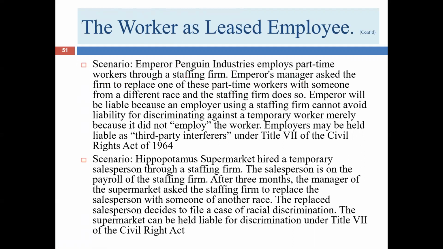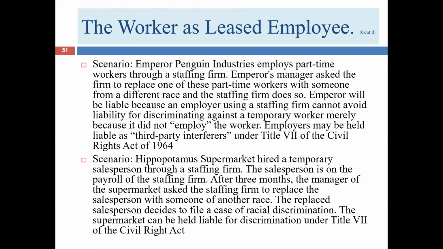So let's say that the person that was initially put into place at Penguin was African American. The manager says, we don't want this African American worker, we want somebody who is Caucasian, for example. The staffing firm agrees to make this change and does make the change. Emperor will be liable because it's discriminating against people based upon their race.